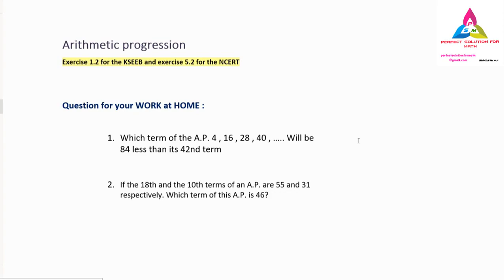The second question for you: if the 18th and 10th terms of an AP are 55 and 31 respectively, which term of this AP is 46? So these are the two questions for your work at home.